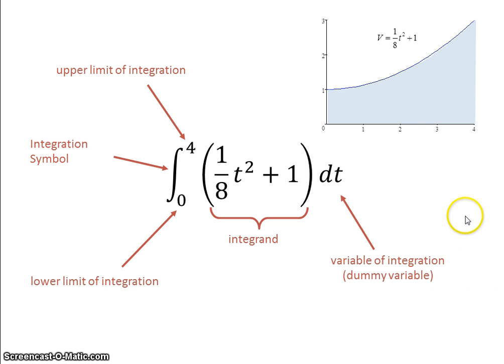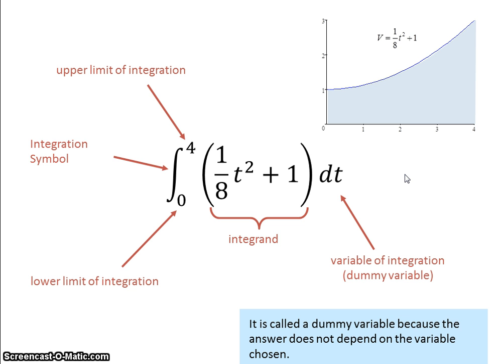And this is the variable of integration. So we're integrating, summing over these small little elements of delta t. When we take the limit of those rectangles going to infinity, instead of being an uppercase delta, the triangle symbol, it becomes a lowercase delta. It looks like this, d.